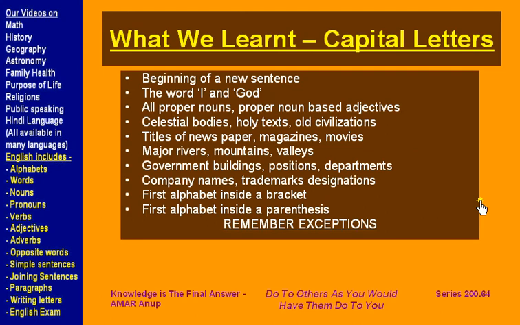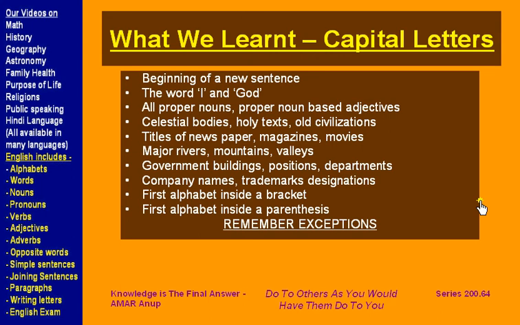So what did we learn in this lecture? We learnt many things. I can't summarize all of them here, but I will try to highlight some of them. The beginning of a new sentence is capitalized. The word I and the G in God are capitalized. All proper nouns and proper noun based adjectives are capitalized. Celestial bodies, holy texts, old civilizations: first alphabet is capitalized.